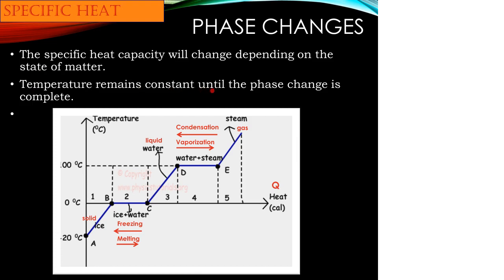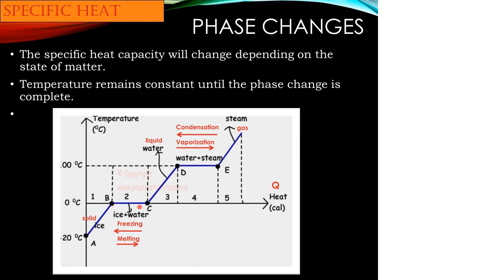Temperature remains constant until the phase change is complete. So again, we've talked about freezing and melting. At 0 degrees, if we lower the temperature, it starts to turn into a solid. If we raise the temperature from 0, it will melt and turn to a liquid.